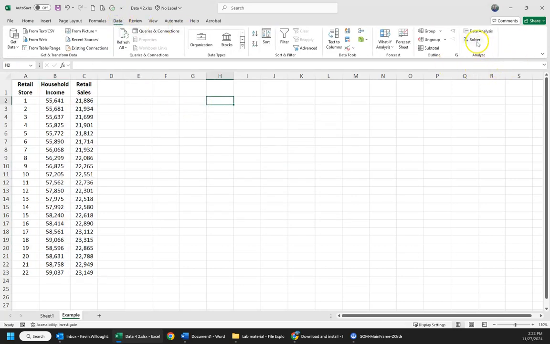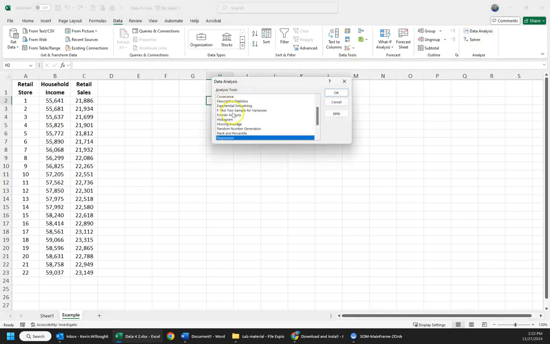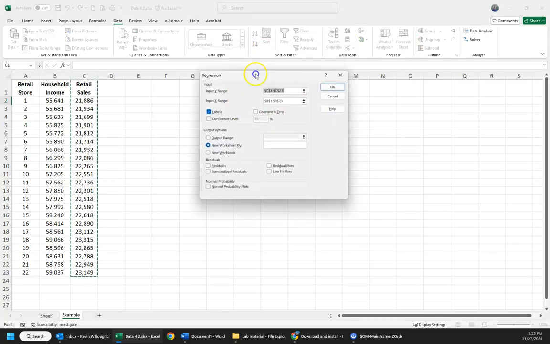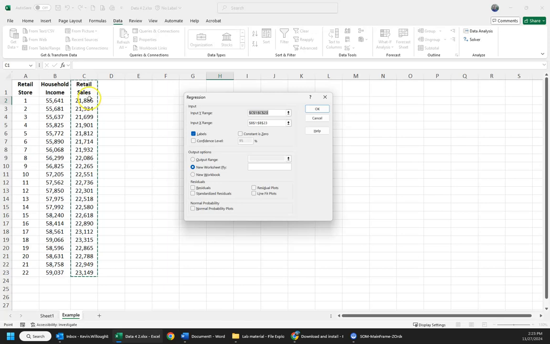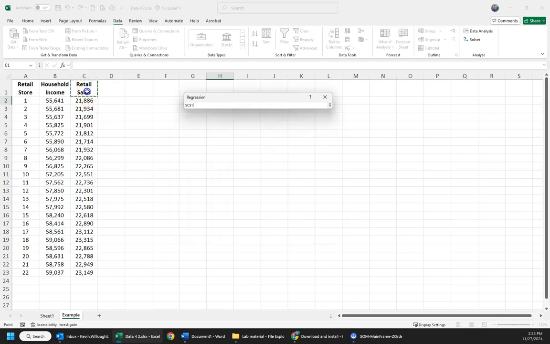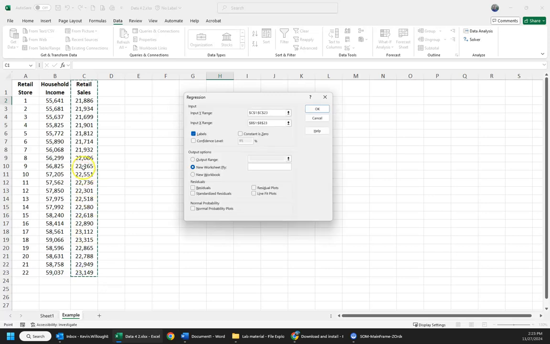Let's go to the Data tab, under Data Analysis, and scroll down until you get to Regression. Click OK. The Y range is what we are trying to predict. We're trying to predict or measure the association for retail sales using household income.